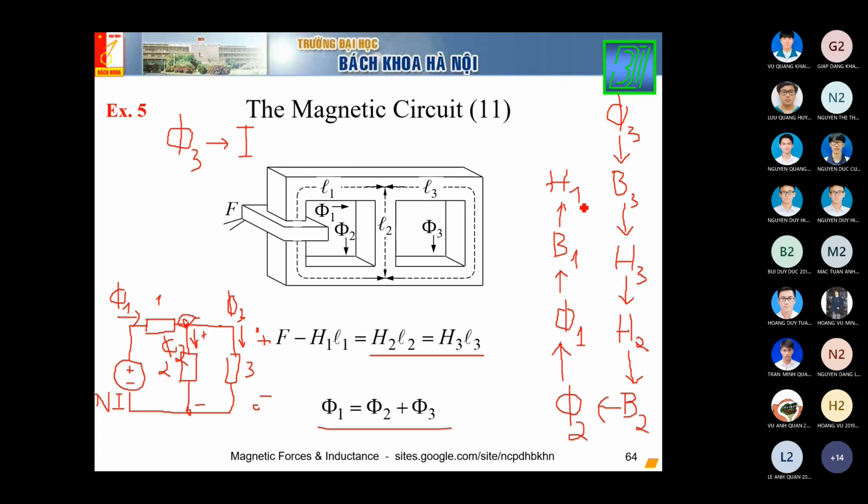How can we find H1? We use a given curve. And you see, we found H1, we found H2, we are given N2 and N1. From here, we now can come to the final answer, I.